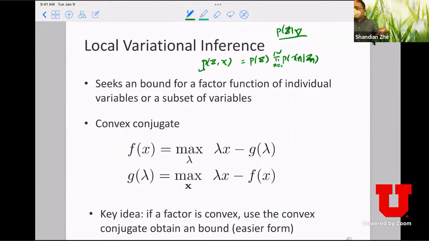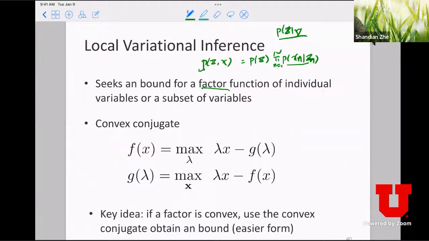So another idea is, why not simplify the factors in my joint distribution? If I can derive some relaxed form of any annoying factors in my joint distribution, then by using that relaxed form, I can analytically or very easily obtain some kind of approximate posterior. That is the idea of local variational inference.